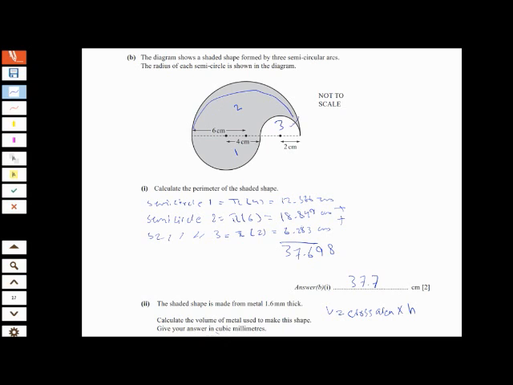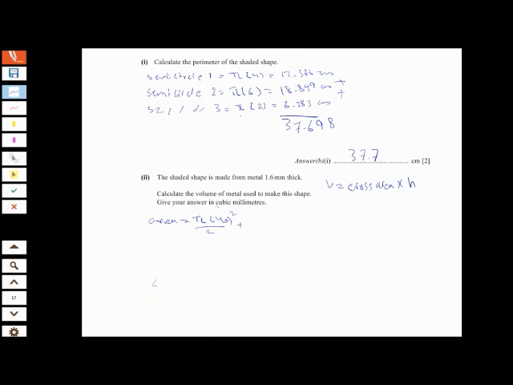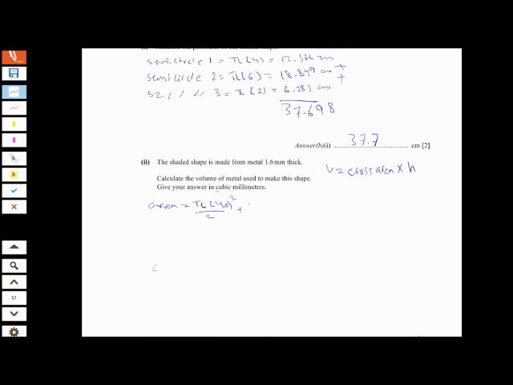So we're going to find the area of semicircle 2 minus the area of semicircle 3, which is pi 60 squared over 2 minus pi 20 squared over 2, and then the answer would be 7,539.8 millimeters squared.